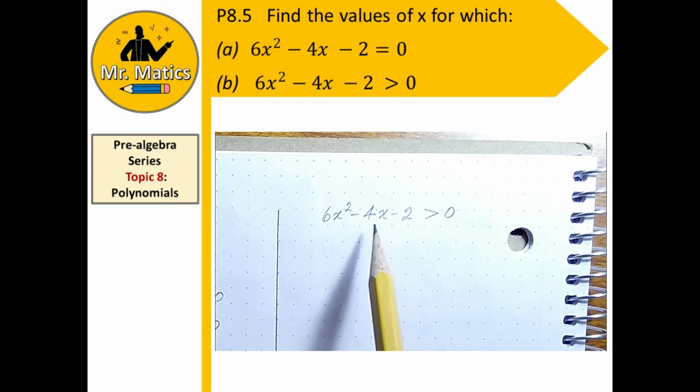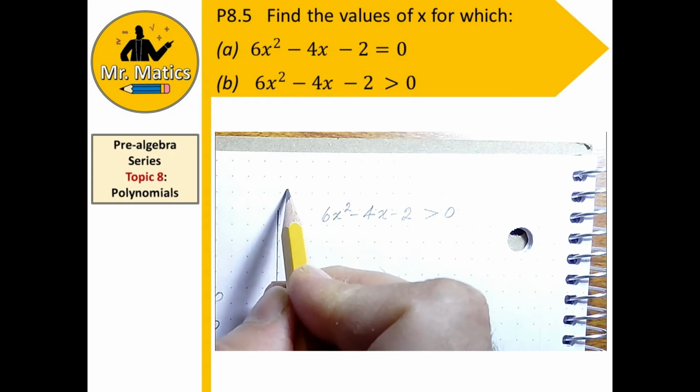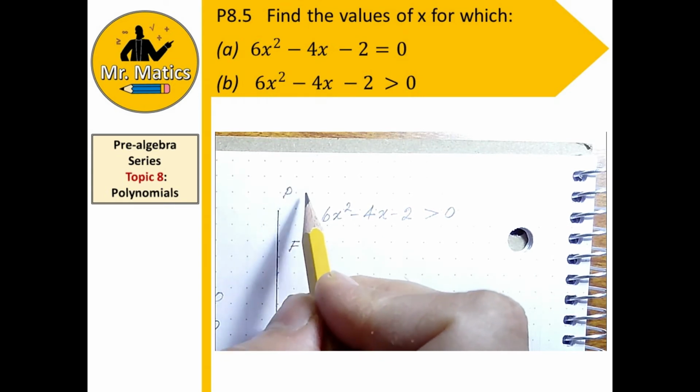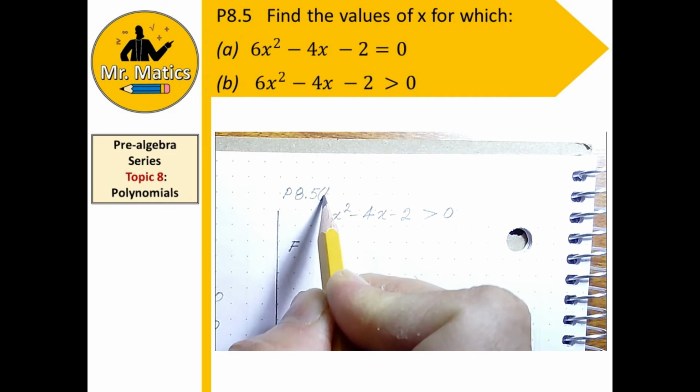Just like before, we will factorize the left side, the polynomial. Let me write the problem number. 8.5b.